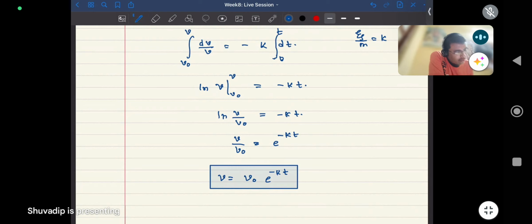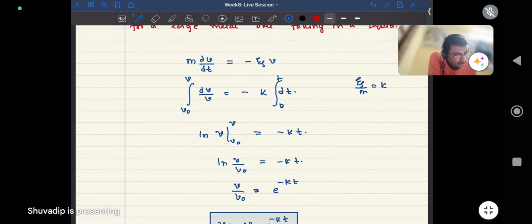Now you can see, if you wait for long enough time, V0 is the initial velocity.